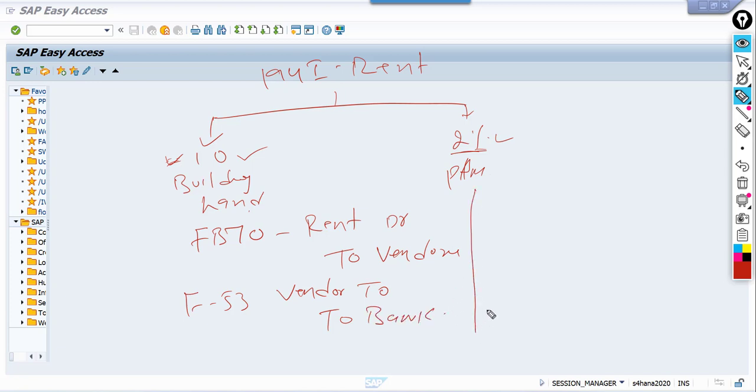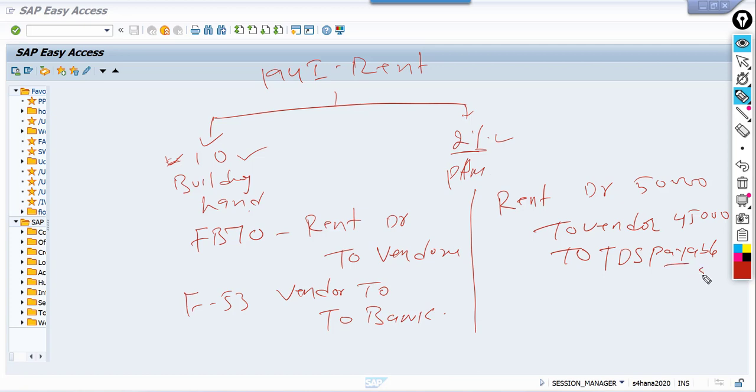So once we implement TDS, entries will be like this. From FB70, rent account debit 50,000 to vendor. Since we are deducting 10%, that comes to 5,000 TDS payable. This will be deposited to the income tax department.